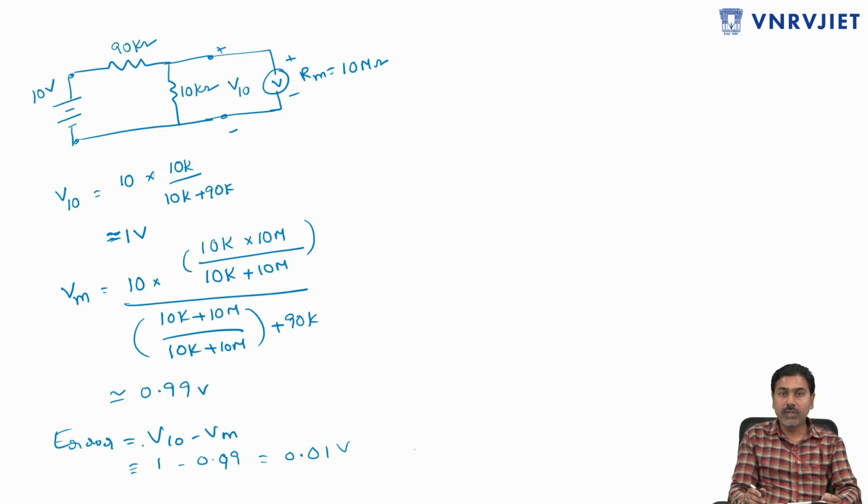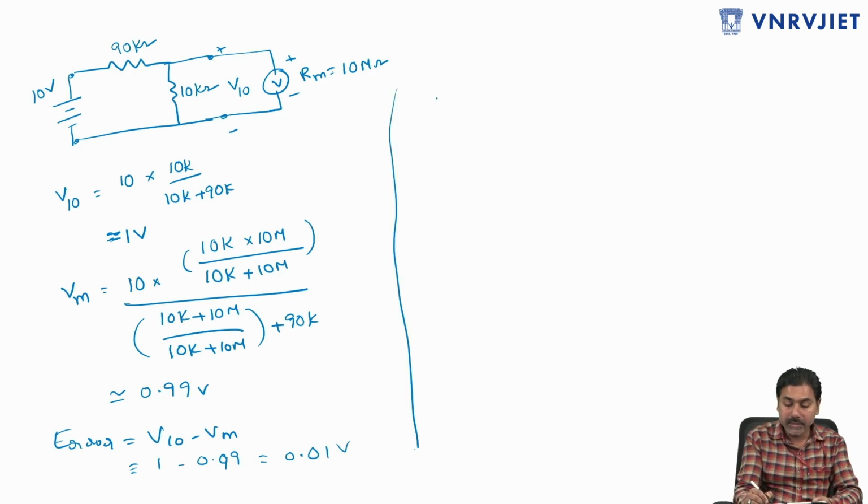Now we will take a voltmeter internal resistance of a different value. That means we are using a different voltmeter to verify the loading effect. Let me take the voltmeter resistance Rm equal to 10k.